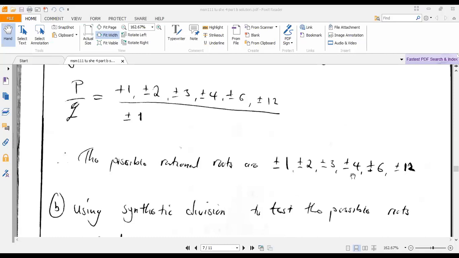The first one we found was plus or minus 1. Since you said that if you substitute, we use synthetic division, we use 1. We are going to get 0 as our remainder. For this, is it possible that if you use a negative number, for instance, negative 1?